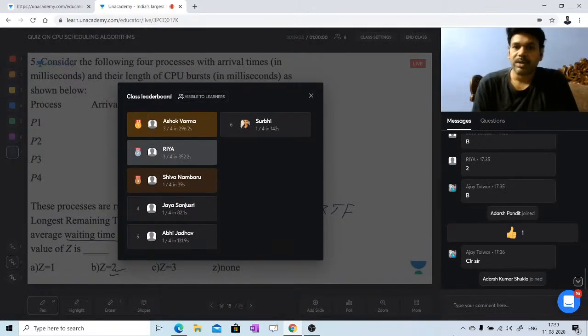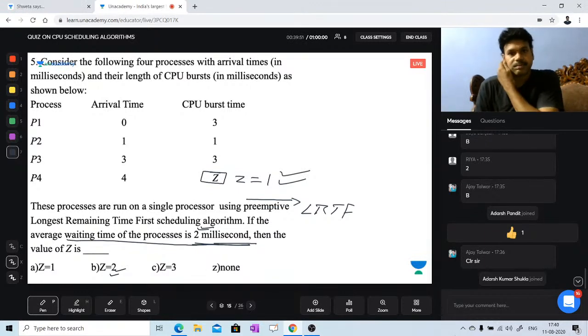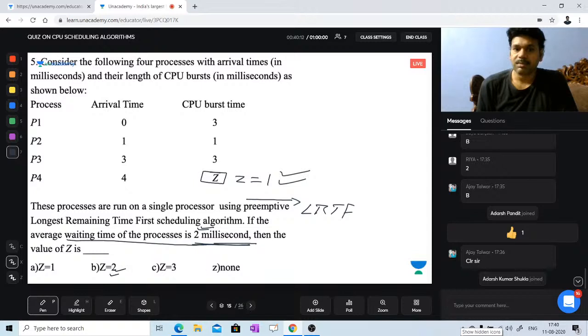So many people did it correctly. The answer is Z is equal to 1. So you want me to discuss this one, friends? So can I go ahead to the next question? So Z is equal to 1. So I'm going to the next question.